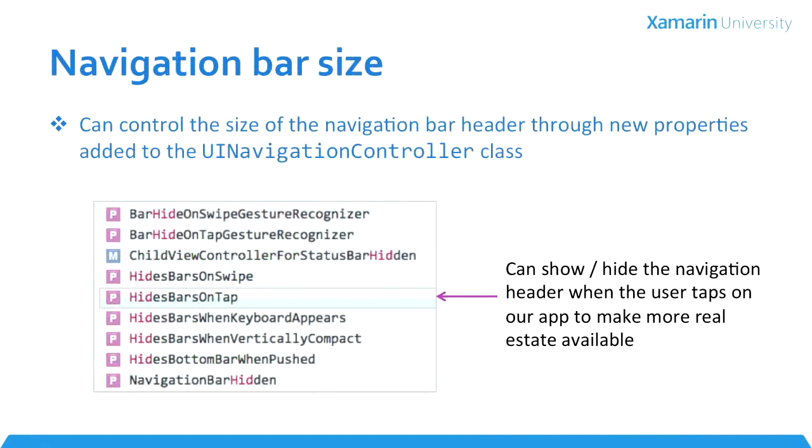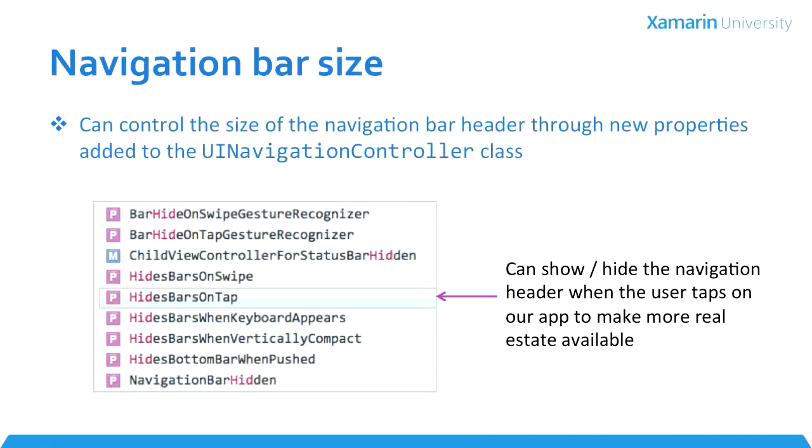Now, in the interest of screen real estate and our physical screen space, the navigation controller has some new properties to control the visibility of the navigation bar. And this is a very common thing I've heard developers talk about and ask about. Really great to see the API improvements here. We can now hide it on swipe or tap, or when the keyboard appears.